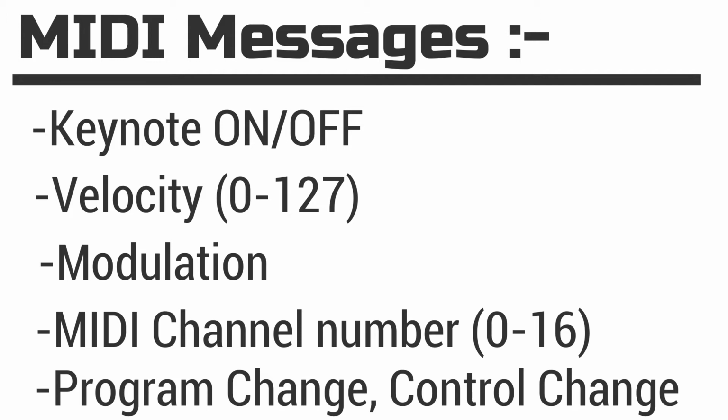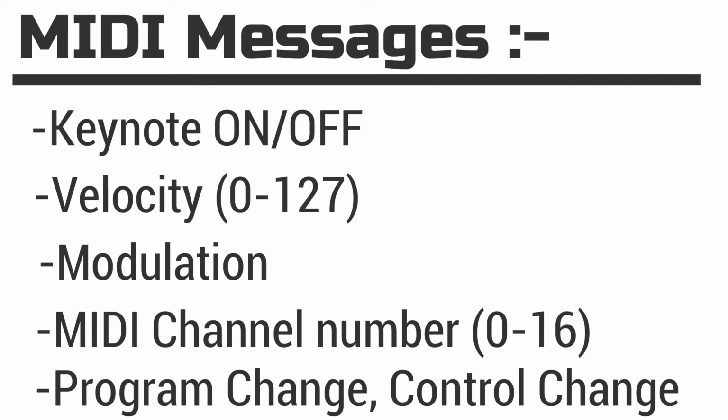So what happens when you strike a key on your keyboard? In general, as soon as you press a key on your keyboard, say you're pressing C1, the message C1 is transmitted out. And the second you remove your finger from the key, a note off message is transmitted.